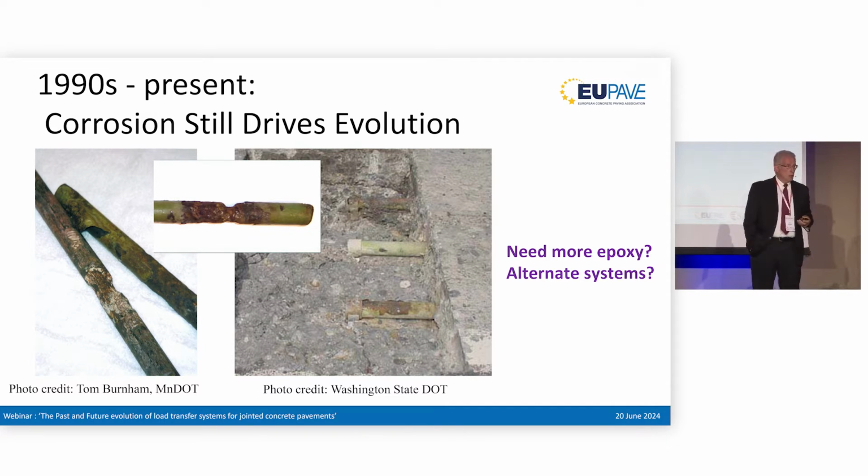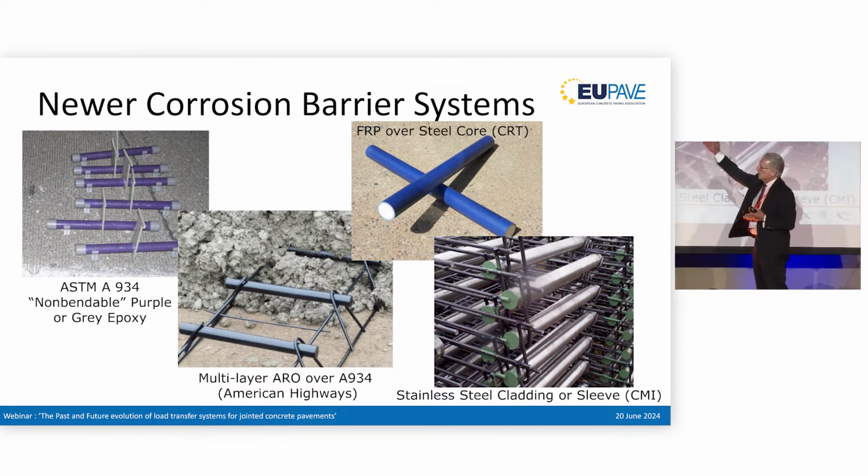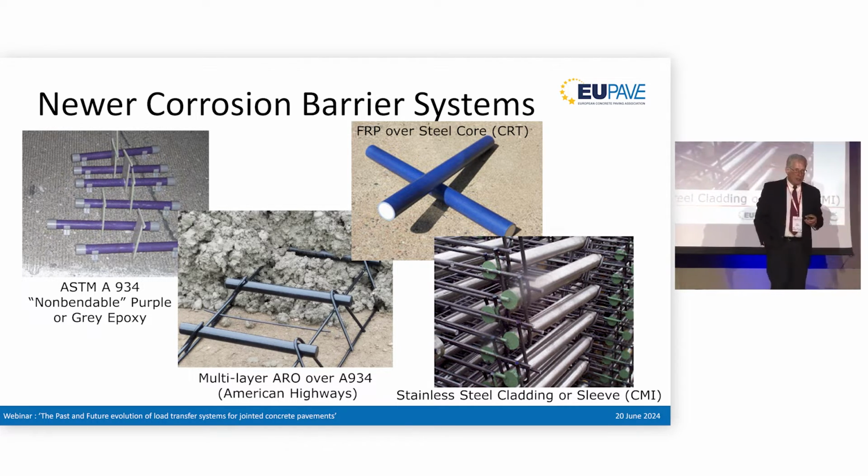We need better corrosion protection systems, perhaps thicker layers of epoxy, as has been done here in some of the European countries, and also alternate systems. I think we've looked a lot more into different types of corrosion protection systems. Some of the newer barrier-type systems that we have, the purple epoxy, the non-bendable epoxy, I think has better adhesion to the bars.